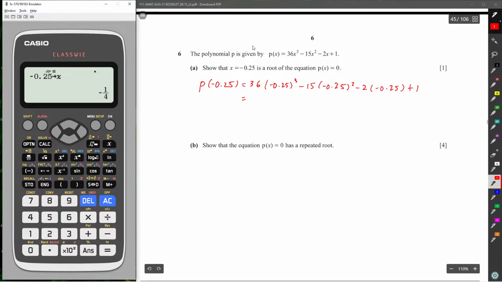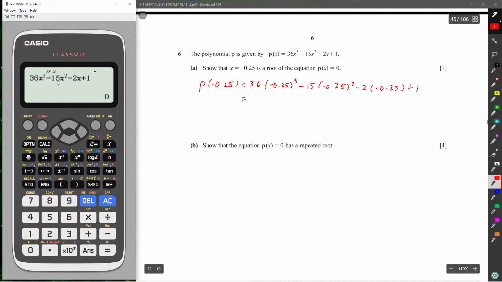So now let's type in this algebraic expression: 36x cubed minus 15x squared minus 2x plus 1. Well, here we go.